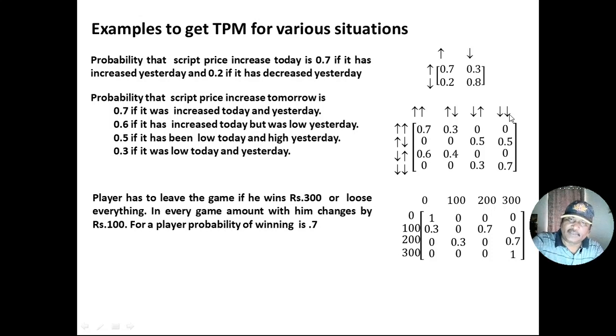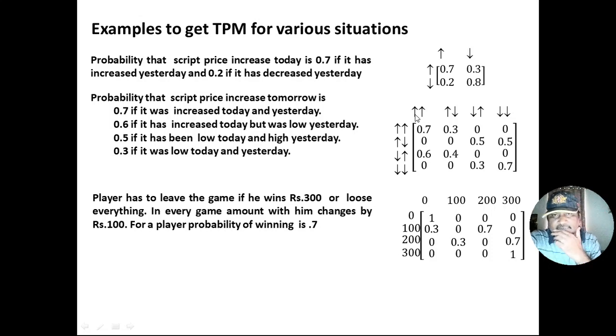Once having written this and understood this properly, we have to fill in the values. Now 0.7 is the probability of the script price increasing tomorrow if it has increased today and yesterday. So today and yesterday means this one, and this first is today.